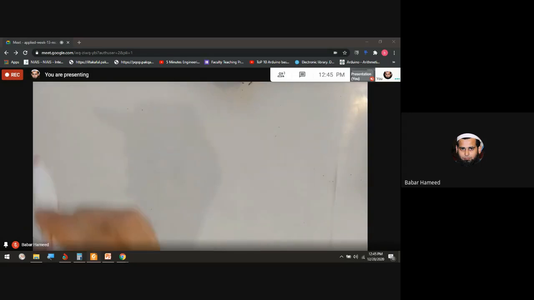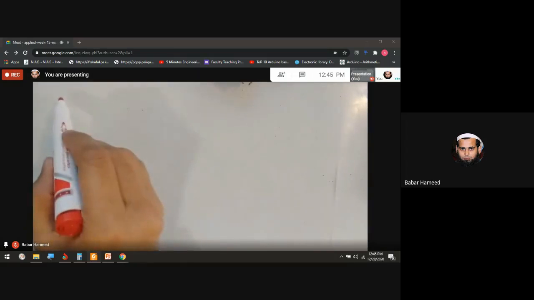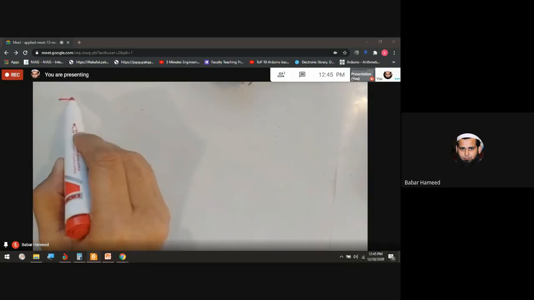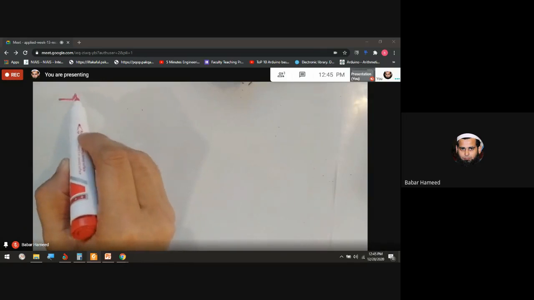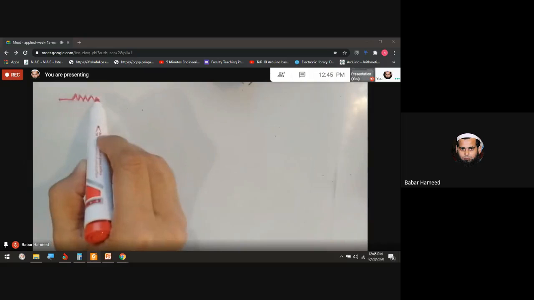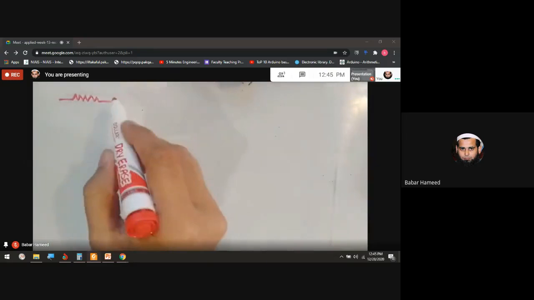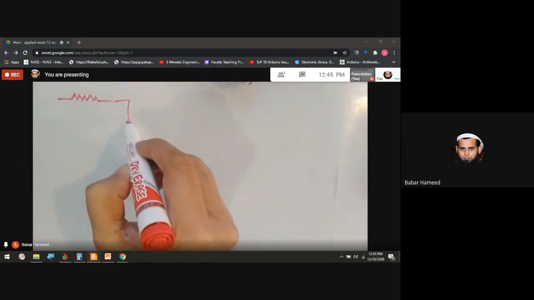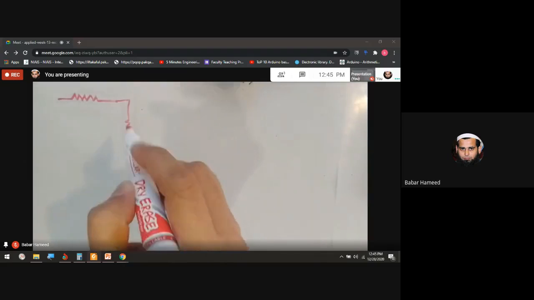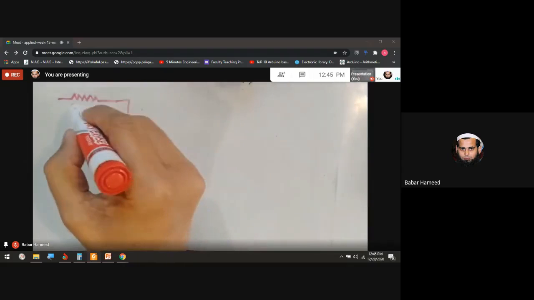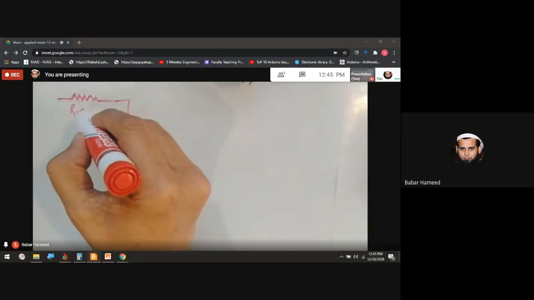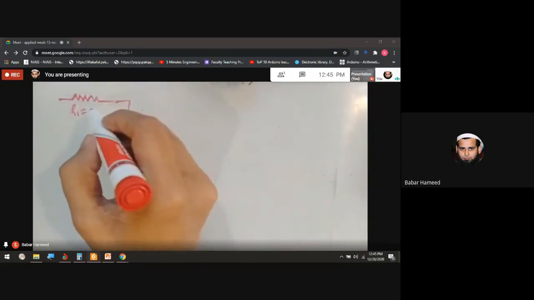Now we have to find current through R2. R1 here is 1 kilo ohm.